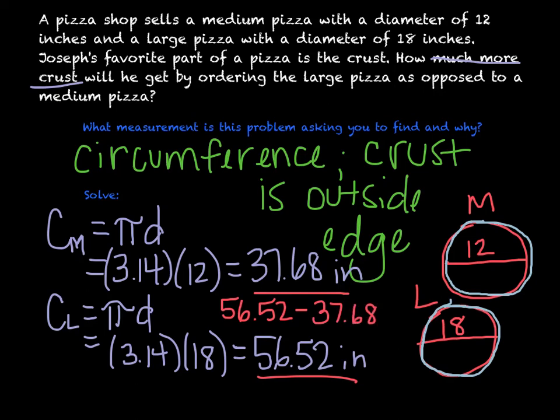And that gives us a difference of 18.84 inches. So let me rewrite that up there. 18.84 inches. He's getting a little bit more than 18 inches of crust if he orders the large pizza.